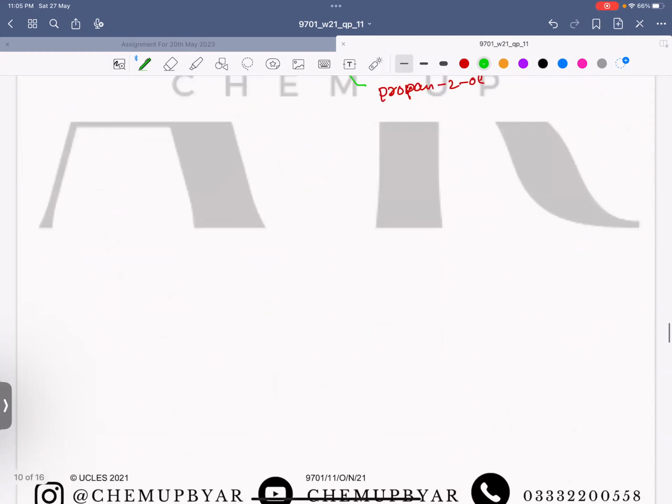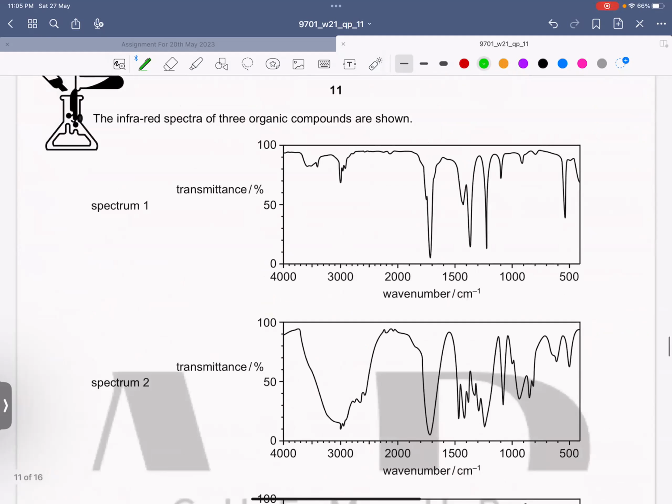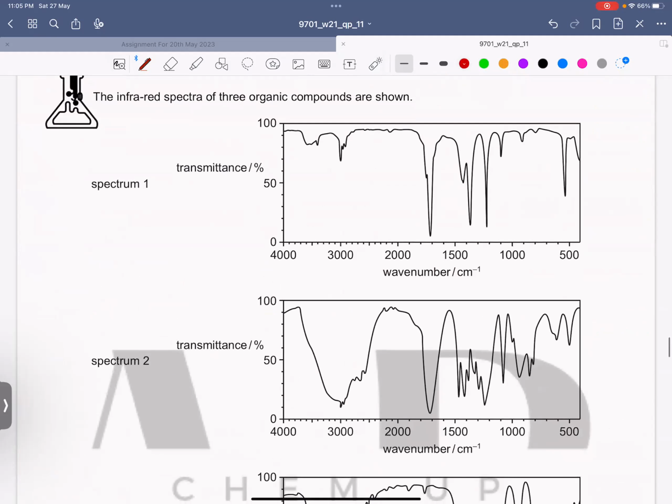Now, question number 30. The infrared spectra of 3 organic compounds are shown. If you see this peak is due to C double bond O only, which makes it either an aldehyde or a ketone. If you see there is a C double bond O peak and then the OH of COOH, it makes it a carboxylic acid.